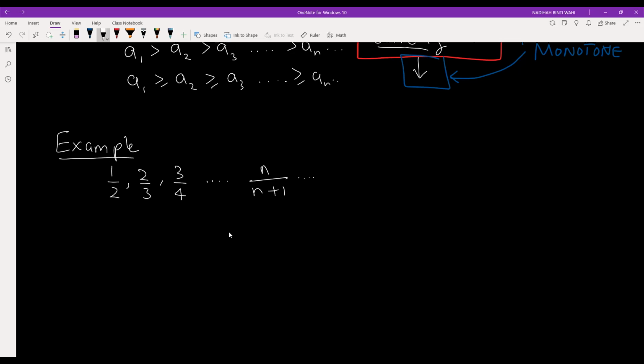Let's check the monotonicity of this sequence. 1/2 versus 2/3, which one is bigger?